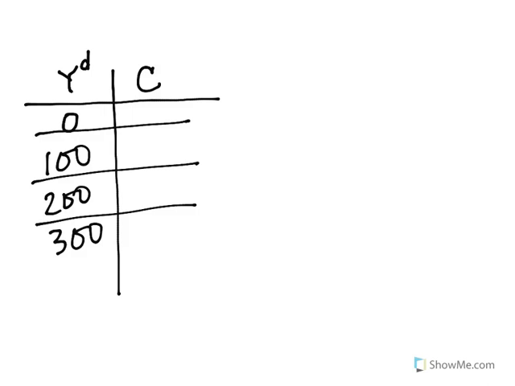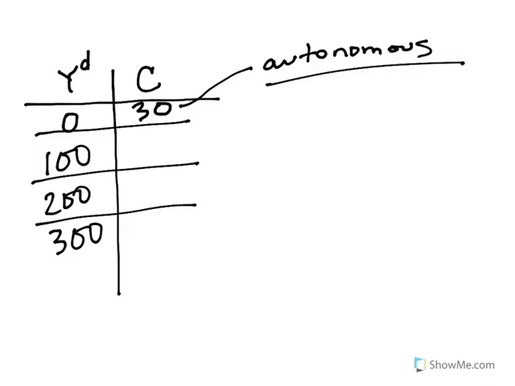So let's say, for example, when my income is 0, my consumption was 30, and so again, remember, that is what we call autonomous consumption. In other words, any consumption that takes place that is not dependent upon income, meaning income is 0, that's going to be autonomous. And then as my consumption increases, it's because my disposable income increases.